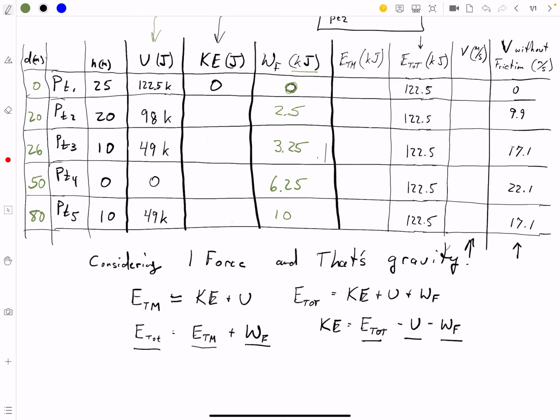Let's figure them out. So we've got 122.5, and we're going to subtract off 98. And then we're also going to subtract off 2.5. That leaves us with 22 kilojoules.